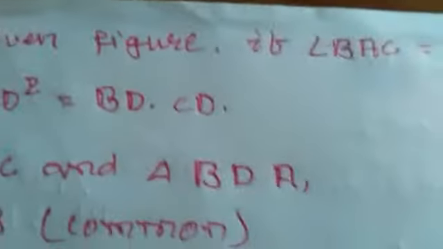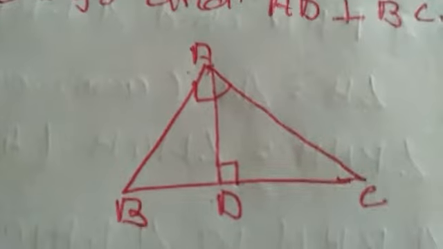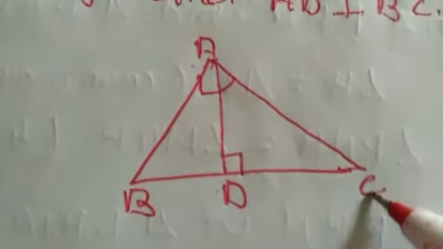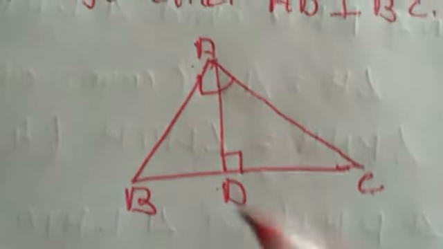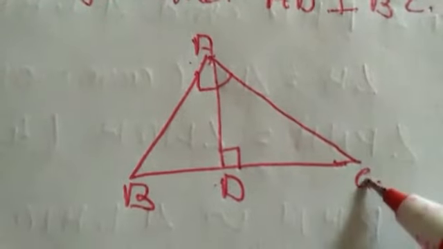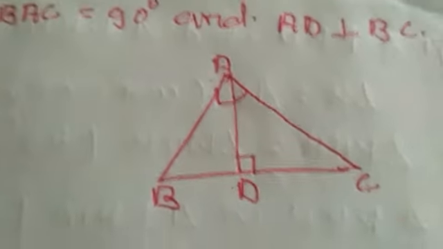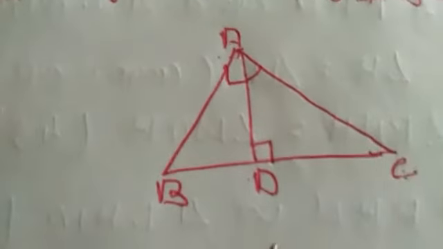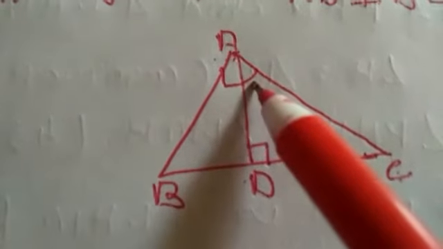So, here is a rough sketch of the figure. This is the triangle ABC, in which it is given that AD is perpendicular to BC. And one more thing is given, that angle A is 90 degrees.